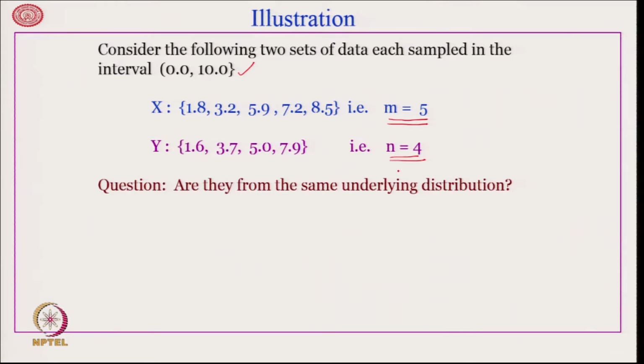The values are 1.8, 3.2, 5.9, 7.2 and 8.5 for x, and 1.6, 3.7, 5 and 7.9 for y. Can we say that they are from the same underlying distribution?